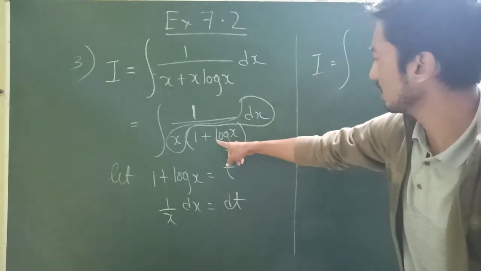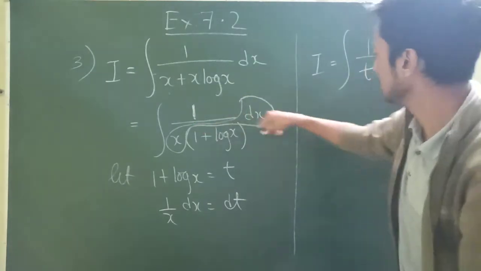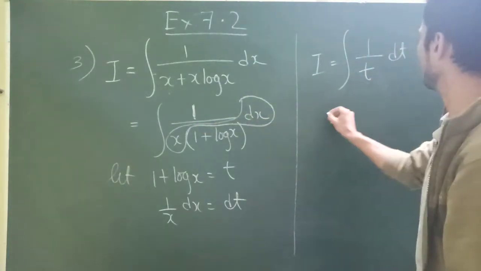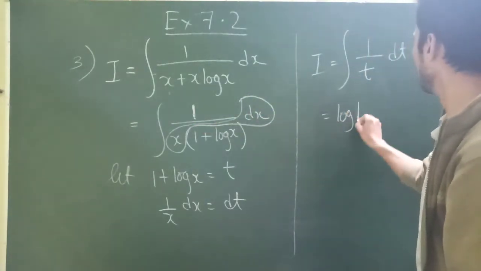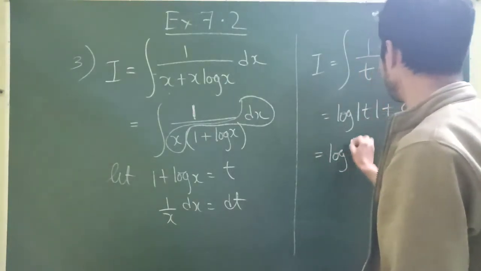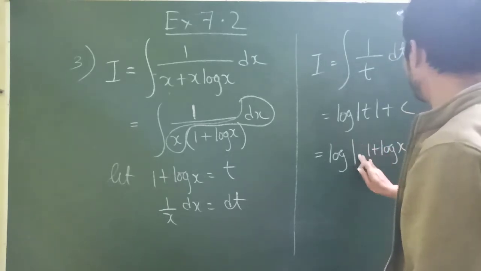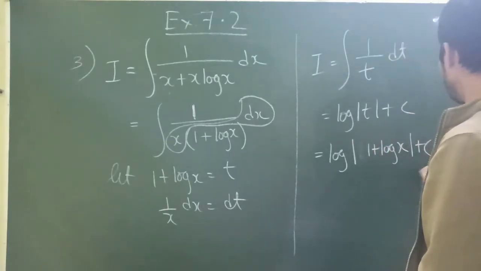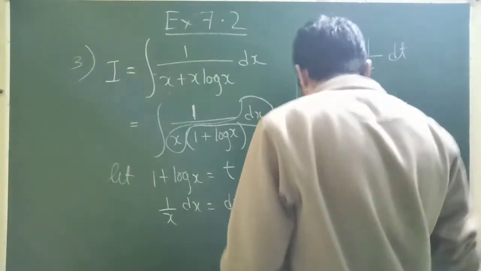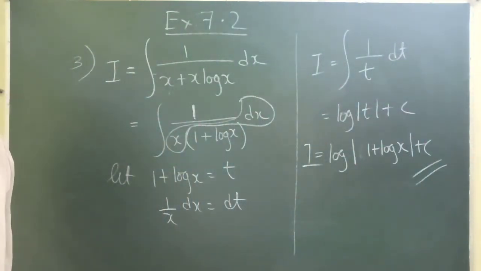So this will be 1 by t, where 1 plus log x is t, then (1 by x) dx is simply dt. So that is simply log of t plus c, that is log of (1 plus log x) plus c. Got it?